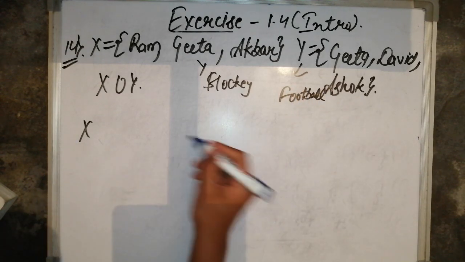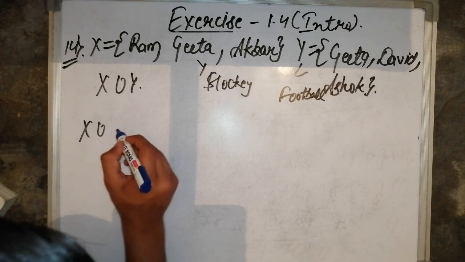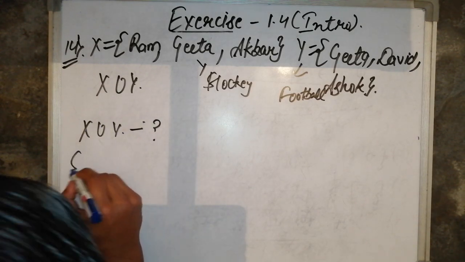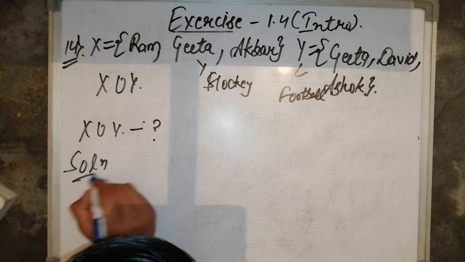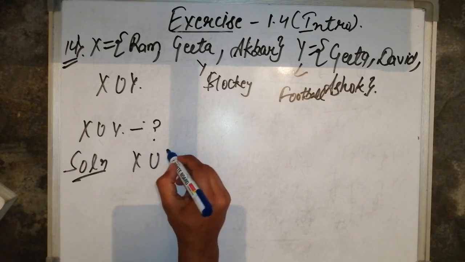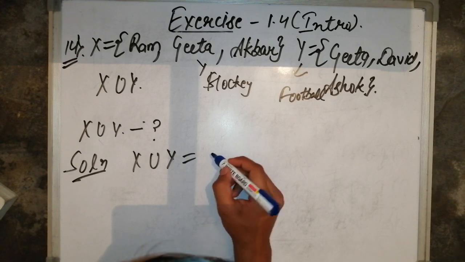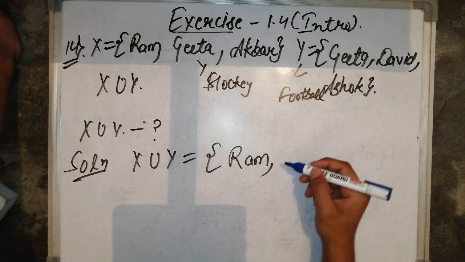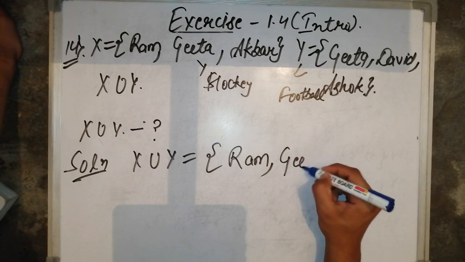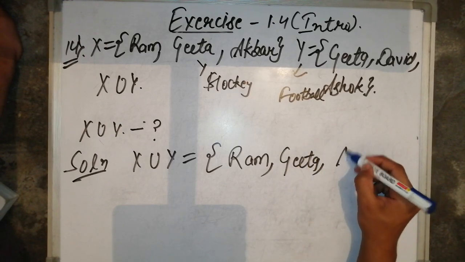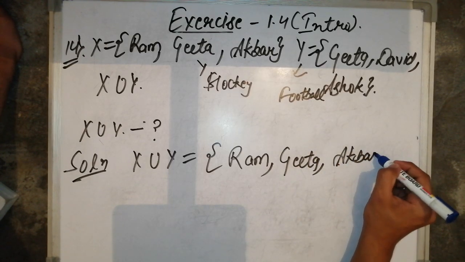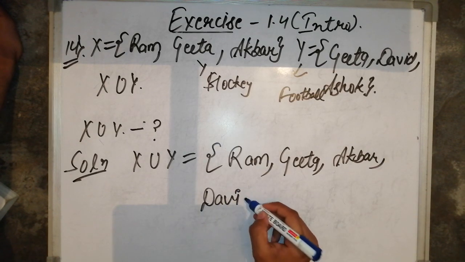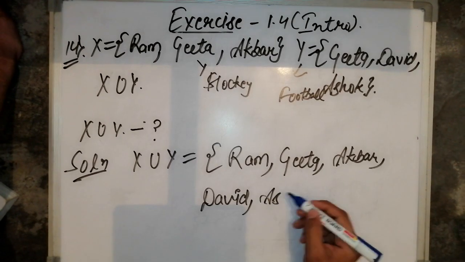Solution: X union Y is equal to Ram, Geeta, Akbar, David and Ashok.